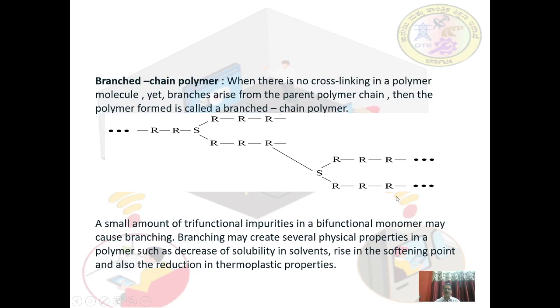A small amount of trifunctional impurities in the bifunctional monomer may cause branching. Branching may create several physical properties in a polymer, such as decrease of solubility in solvent, raise in the softening point, and also the reduction in thermoplastic properties.